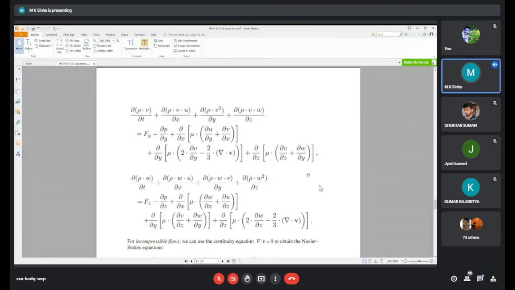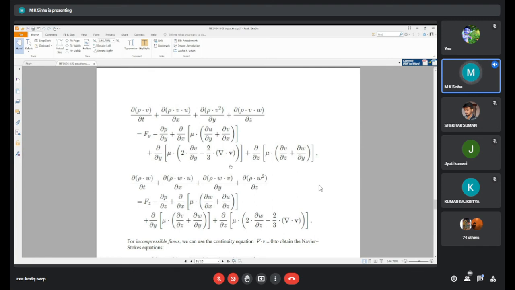Similarly, we can write for the y momentum direction. You may see on the left side the product is v squared, and the gradient of pressure is del p/del y. This is the y direction momentum.